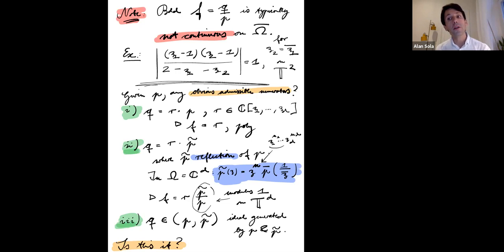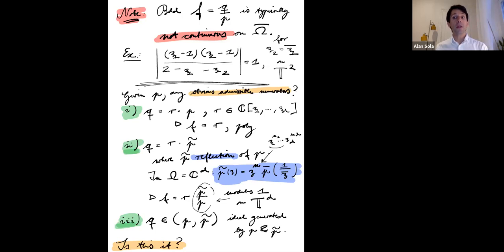So in the context of a polydisk, what you do is that you evaluate your given polynomial P at the point 1 over z bar, and then you take the complex conjugate of that. And then in order for this to become a polynomial, you multiply through by the monomial factor z1 to the n1 through zd to the nd. So you look at the degree of P in the individual variables, and you multiply through by a monomial factor to get a reflected polynomial P tilde.